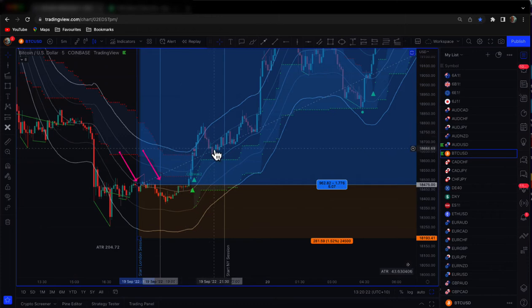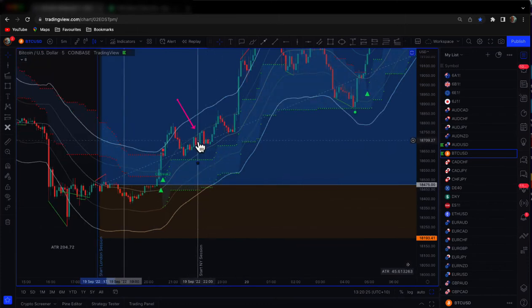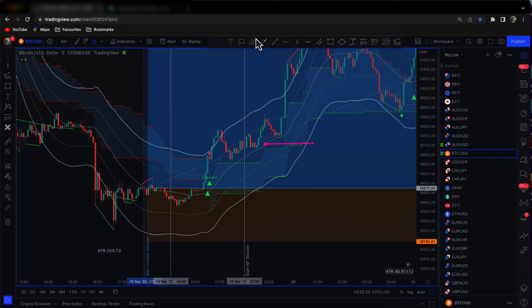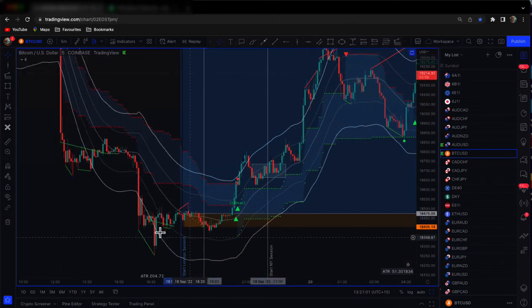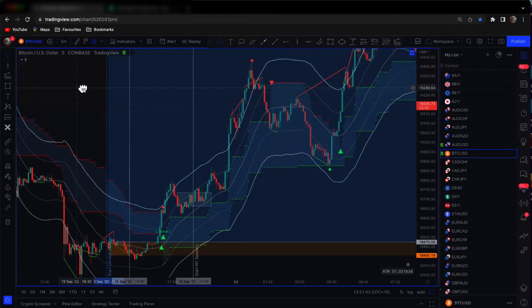And then as we're approaching New York, that can be where you take your partials right here and then pull your stop loss up. Absolutely nothing wrong with that at all, because we don't know if that's going to turn around at New York and trade south. So you're taking money out, you've pulled your stop loss up to wherever it's well and truly in the money. It's a profitable trade and risk-free, and you leave your third in and let it run.